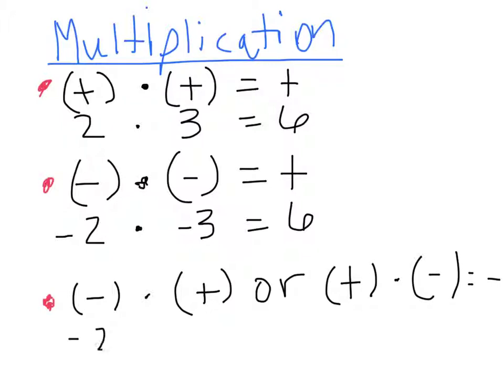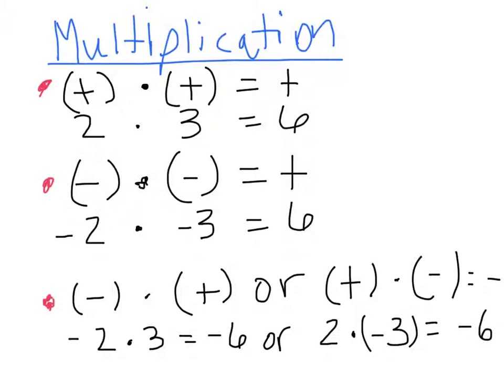So -2 times +3 equals -6, or +2 times -3 equals -6. The only time in multiplication you get a negative is when the signs are opposites. The rest of the time it's always positive. Same sign positive, opposite signs negative.